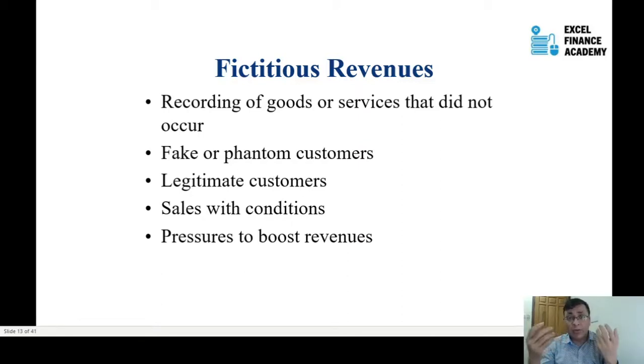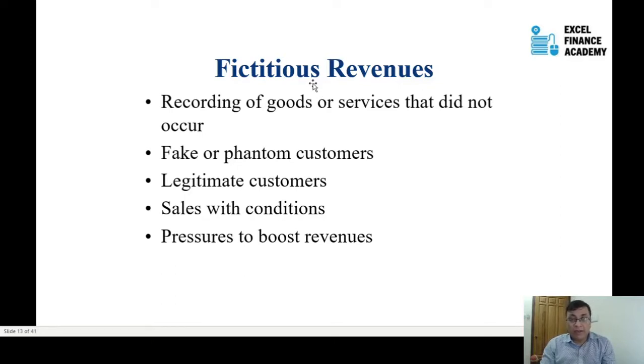Maybe there are legitimate customers, but the actual amount of the sales is inflated, or there are sales with certain conditions that need to be completed first, but before you complete those conditions, you are recognizing the sales as income already, or there is pressure to boost the revenue, so you are doing illegal things to boost up the revenues.